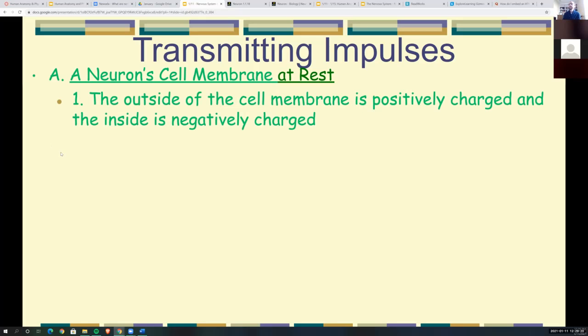When it is at rest, the outside of the cell membrane has a positive charge, and the inside of the cell membrane, remember we're talking about the axon, the inside of the cell membrane is negatively charged. So you have a positive charge on the outside, a negative charge on the inside.